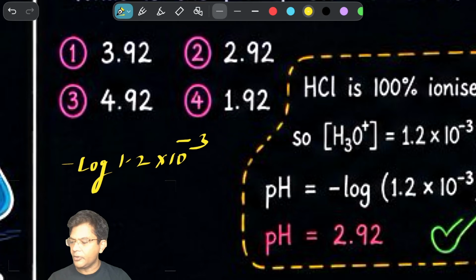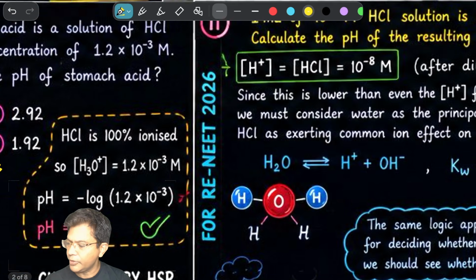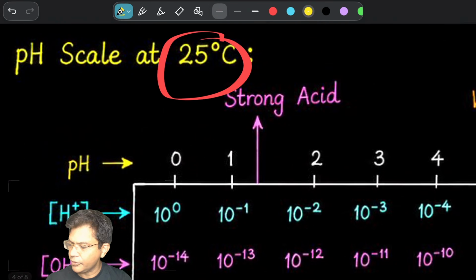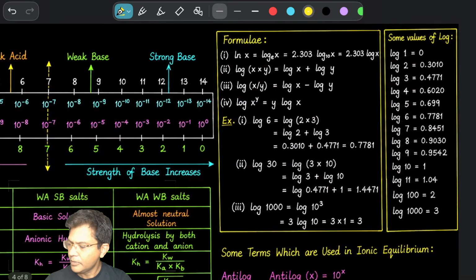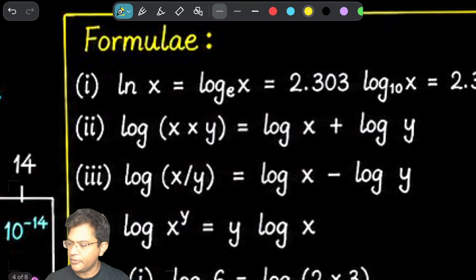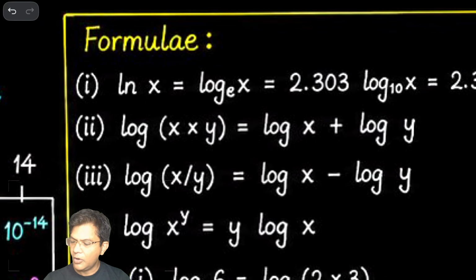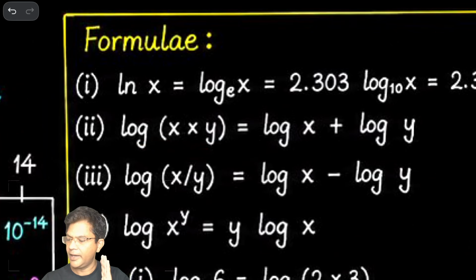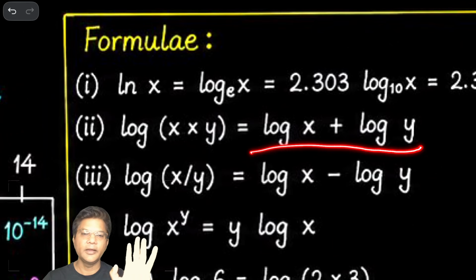A number of people are not able to solve it. So let me show you the formulas. These three mathematical formulas are very, very important and hold a lot of weightage. Now see, log x into y is log x plus log y.